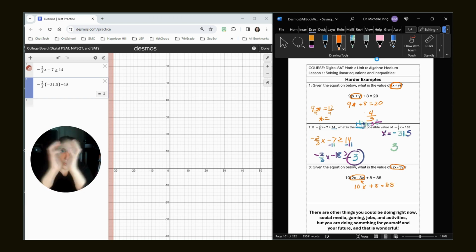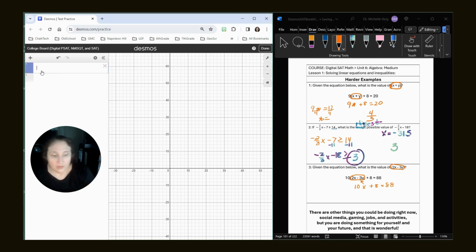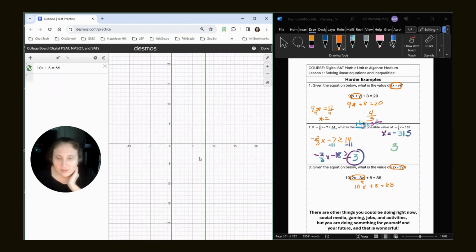I'm just saying that whole thing I'm calling x for the purposes of the graphing calculator. So we've got 10x plus 8 equals 88. And if I zoom in, we get x equals 8. So what does 2x minus 3y equal? 2x minus 3y equals 8. Okay.